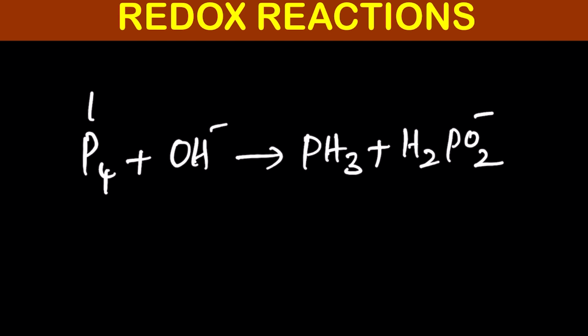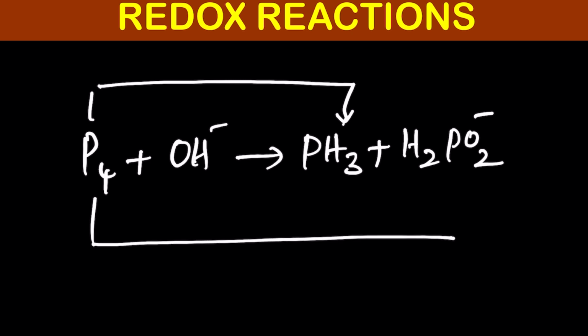Here we find that the same reactant P4 undergoes both oxidation as well as reduction. The same reactant in basic medium is giving different products, in which the central atom or the atom which is undergoing a change is in different oxidation state.